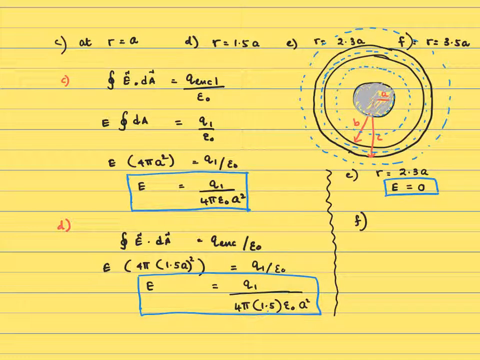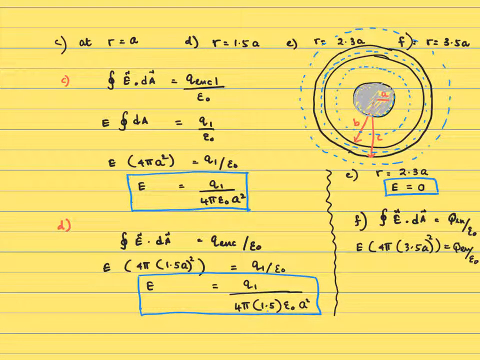There, the same drill: E dot dA equals Q enclosed divided by epsilon naught, and E times 4 pi r squared, that would be 3.5a and the whole thing squared, equals Q enclosed over epsilon naught.